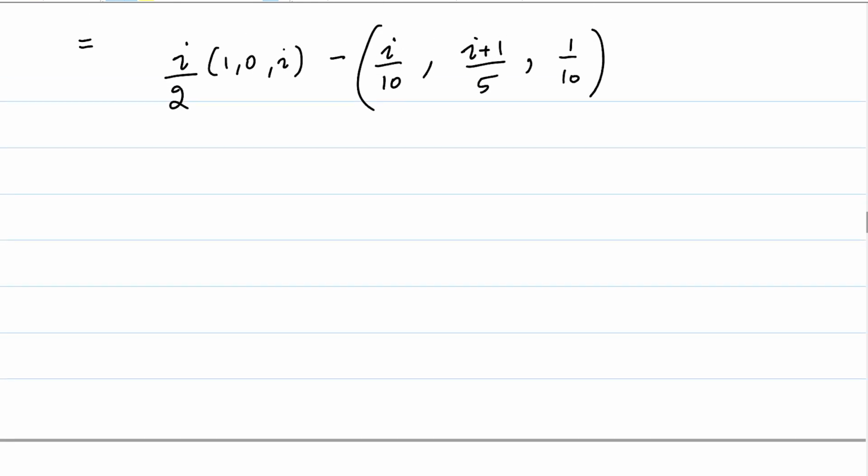Okay, let's compute further. This is going to be i/2 minus i/10, which is going to be equal to (5-1)/10, so 2i/5.